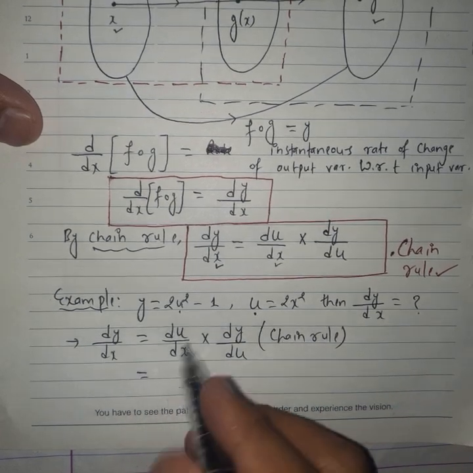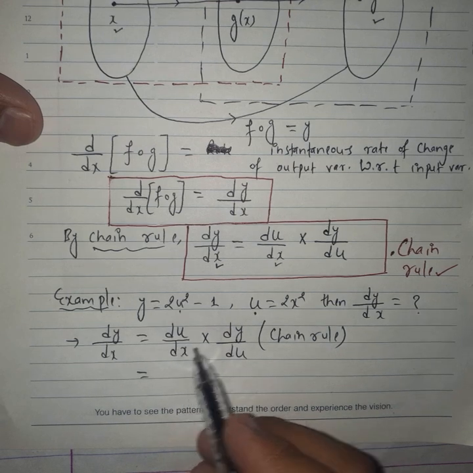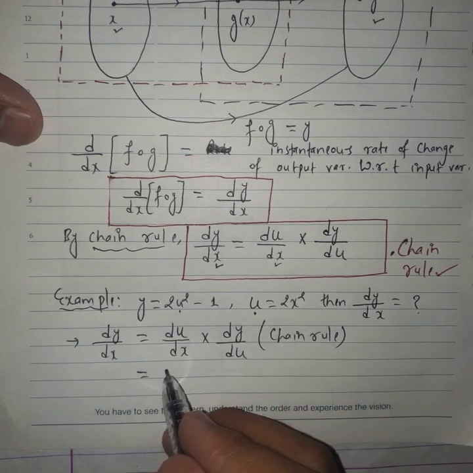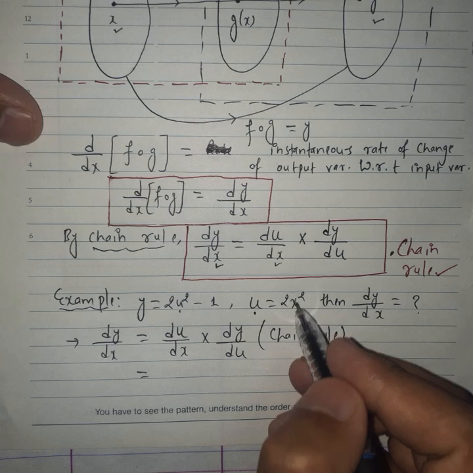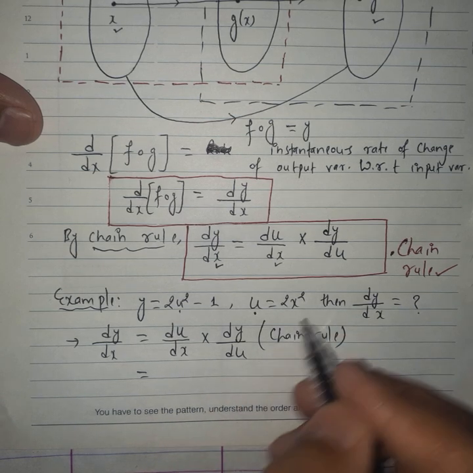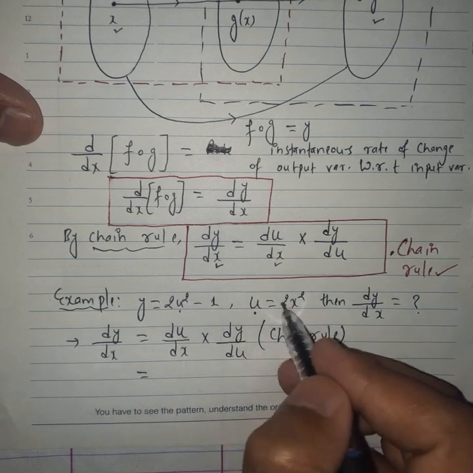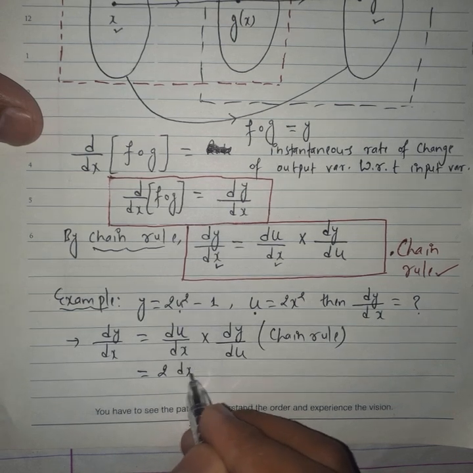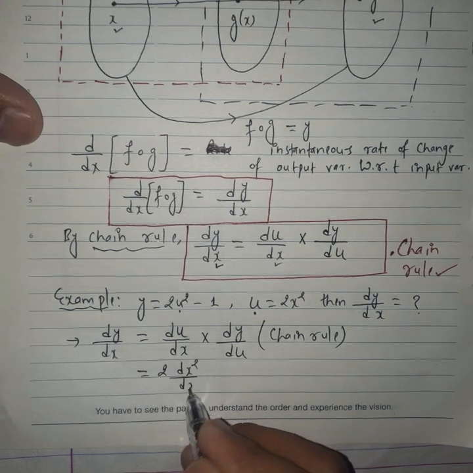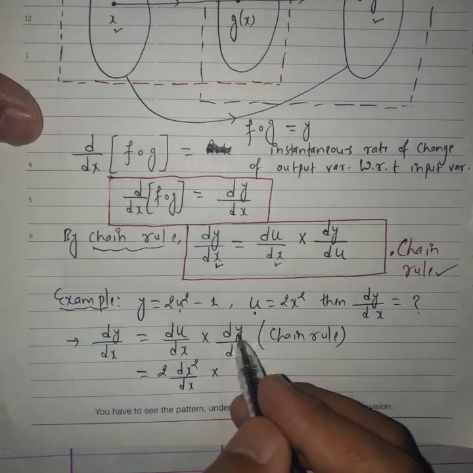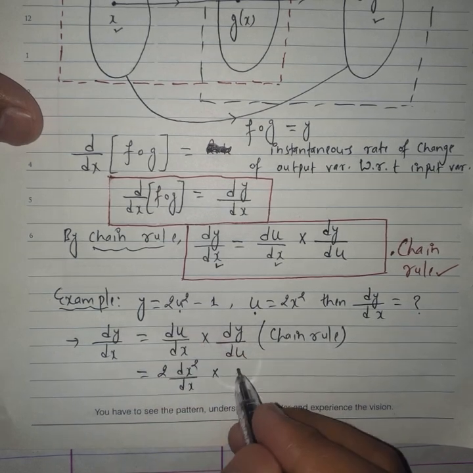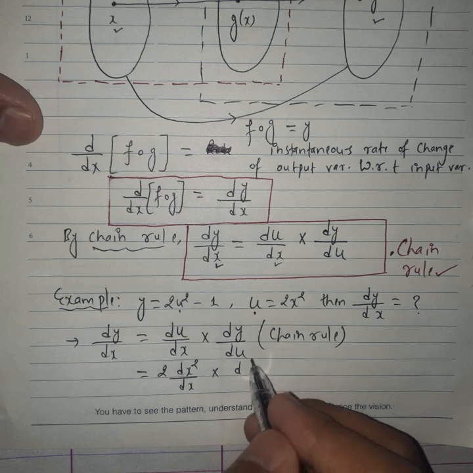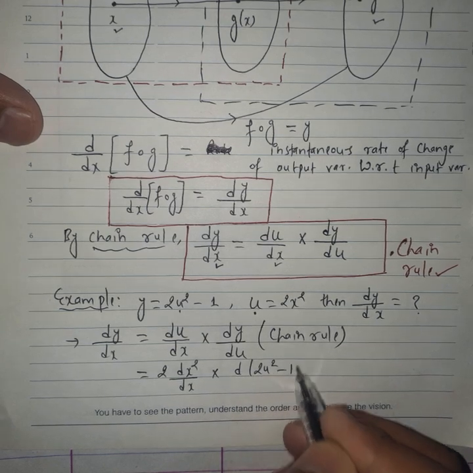Let's substitute the values. Here du with respect to x, we can use the power law. The 2 is the coefficient, so we can take it in front. So d of x squared over dx, times the derivative of y with respect to u, where y is 2u squared minus 1.